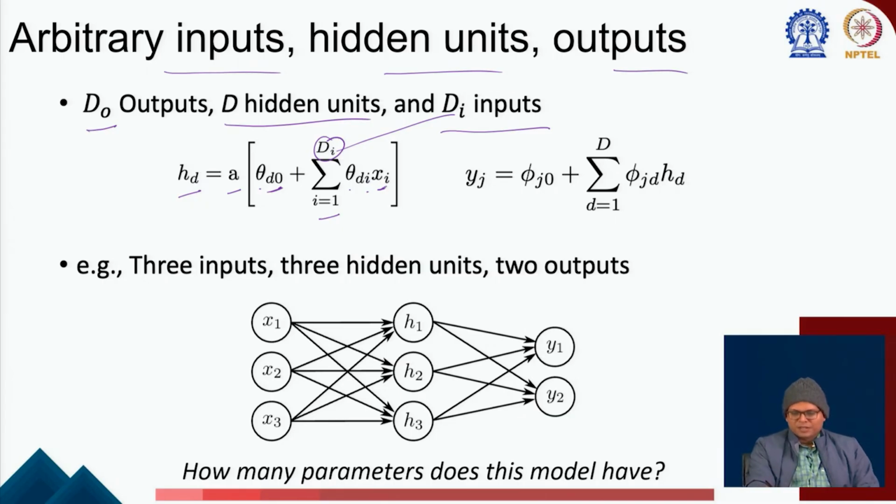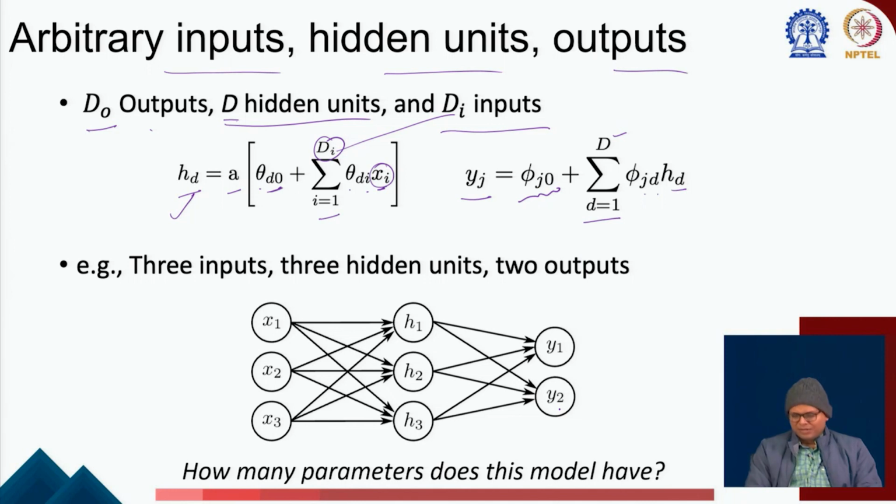So taking input the x i-th input, you can have D hidden units, and your output j will be the sum from 1 to capital D, because there are capital D hidden units, of phi j d h d, right, plus the y offset phi j naught, right. So like that you can describe multiple outputs, hidden units and inputs. Like here you have 3 inputs, 3 hidden units and 2 outputs, right.